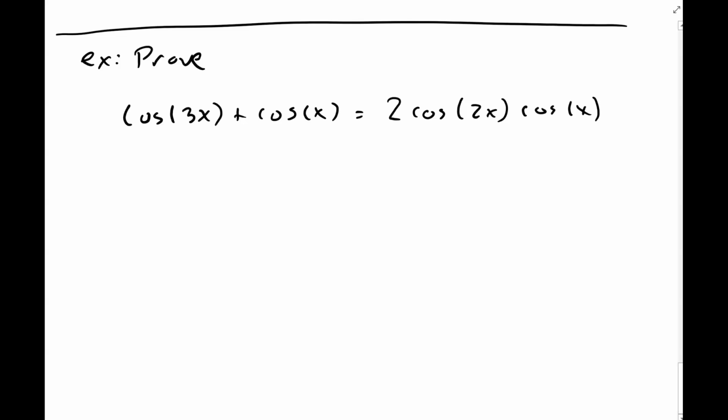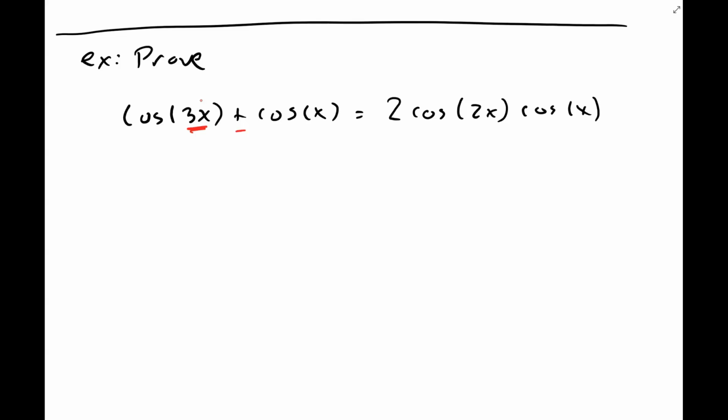I would work on the left side. Why would I work on the left side? Well, first of all, there's two terms. That's going to be more complicated than one term. And I have a bigger coefficient on the left-hand side. So those are both good reasons to pick the left side. Okay with that?